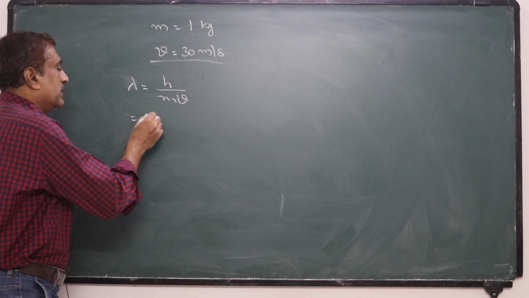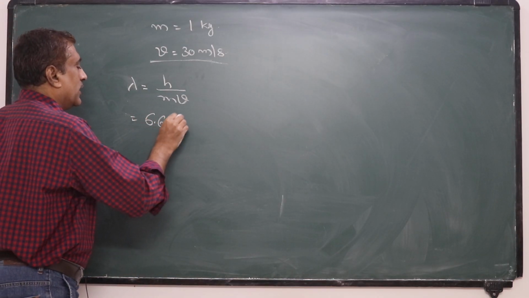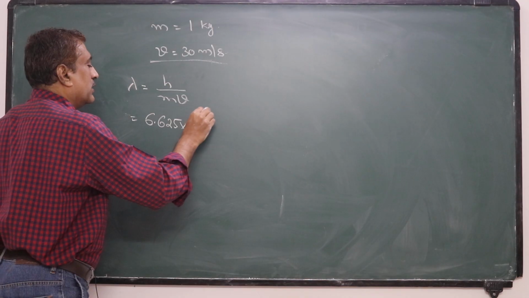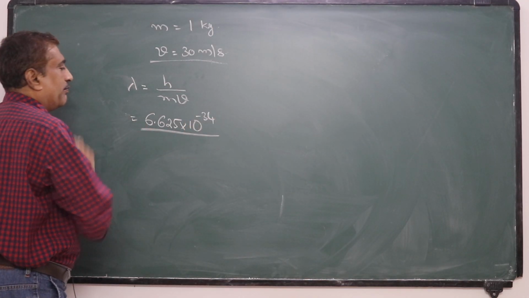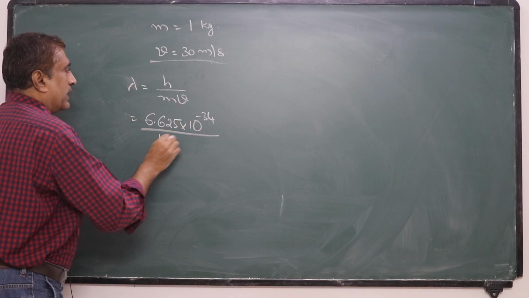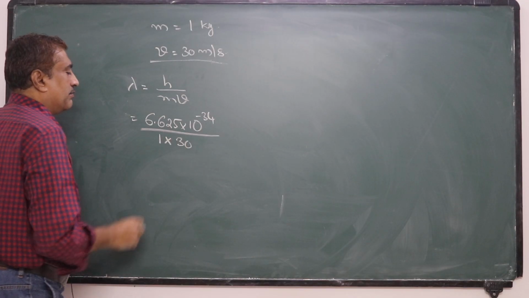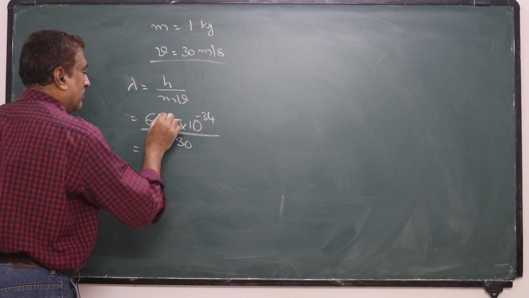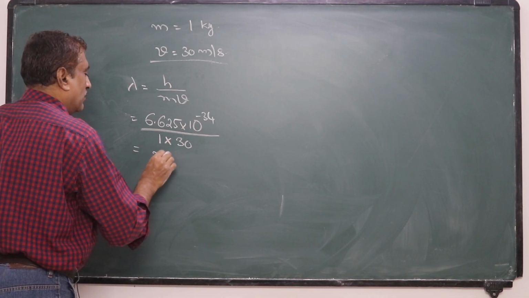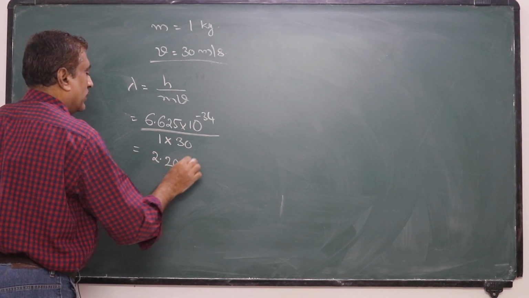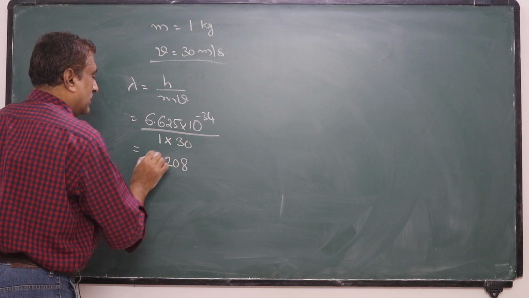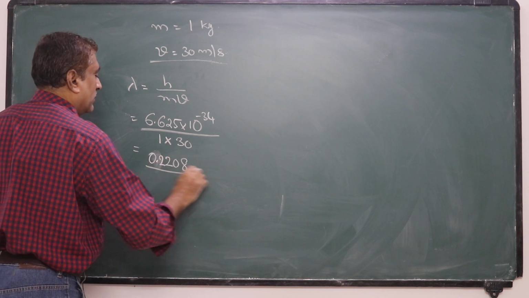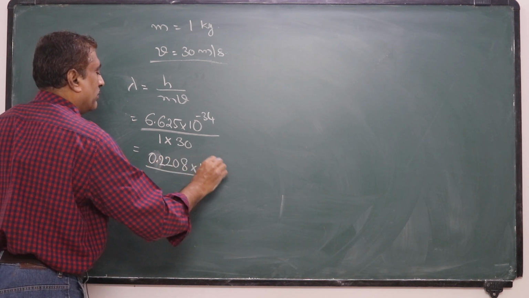The value of h is 6.625 into 10 to the power minus 34, divided by 1 kg into 30 meter per second. This is approximately 0.2208 into 10 to the power minus 34.